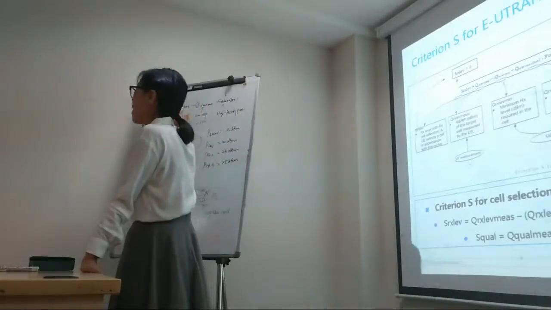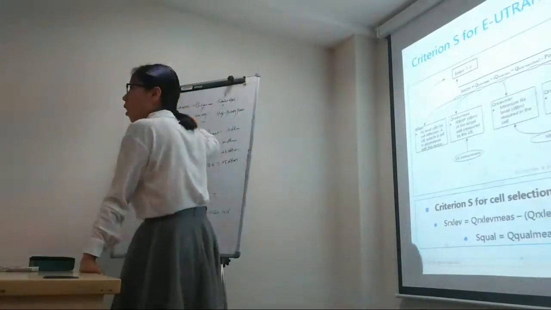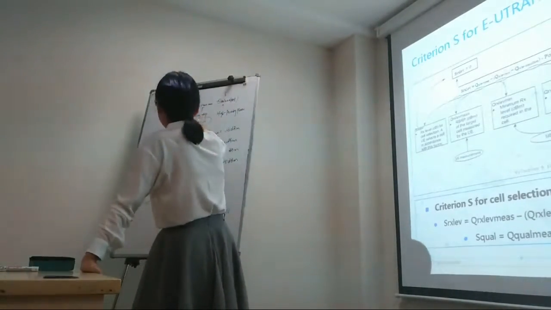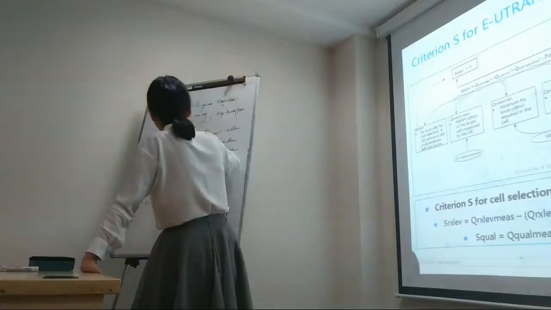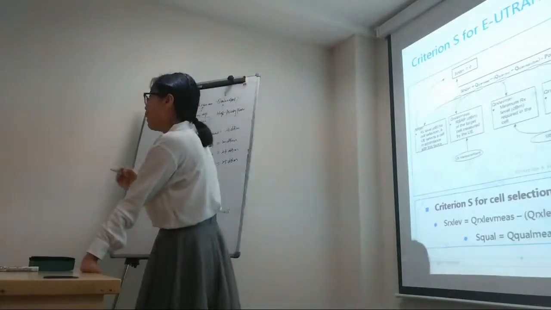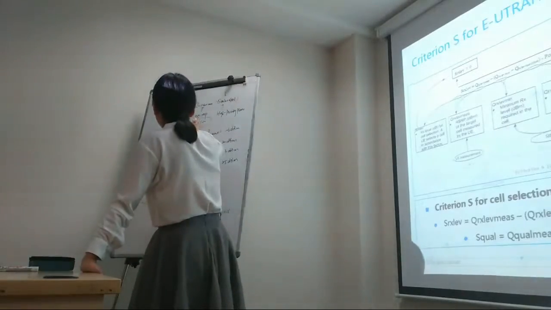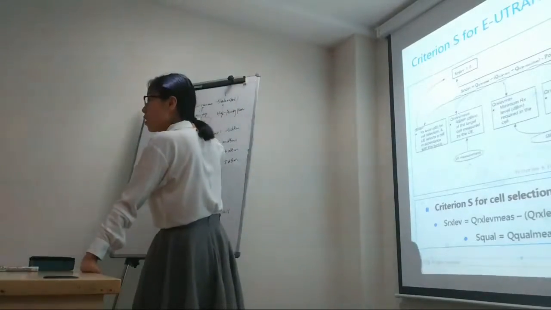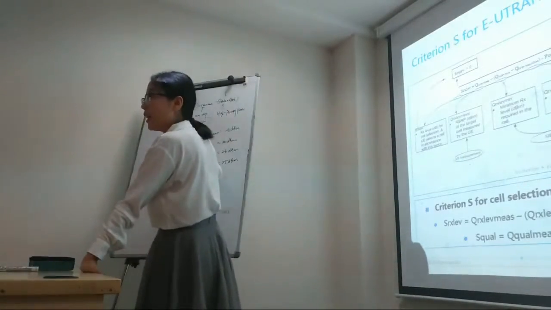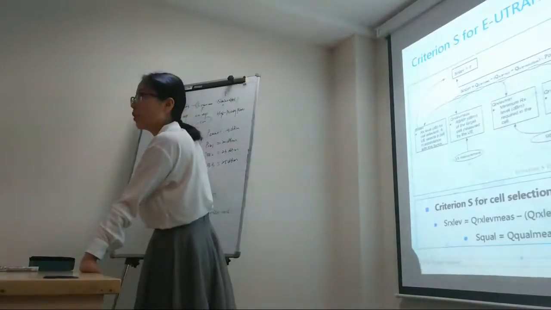If we only set this criterion, we don't consider the UE. So we set this parameter, minus 120, which means at the cell edge, if the SRP is greater than minus 120, the UE uses its maximum power to access the network.